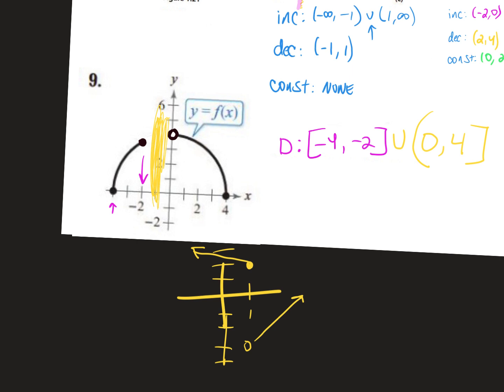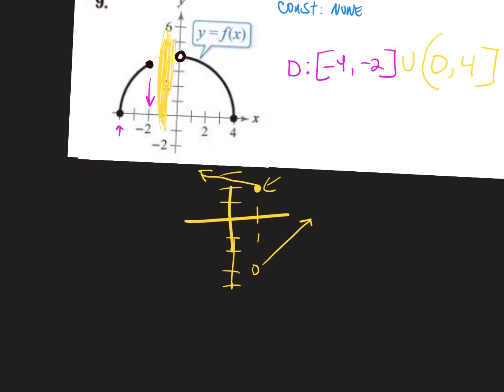Where are they? They're right on top of each other, right? There is not a gap. This is included here, but it's not included here. So there is absolutely no space on this graph where x values are not accounted for. Those two just happen to be on top of each other. If you have something right on top of each other, that does not mean there's a gap. But if you can visibly see a gap, if you can draw in the middle of it, then yes, there is a gap. Again, when you pull up your WebAssign, you'll see.